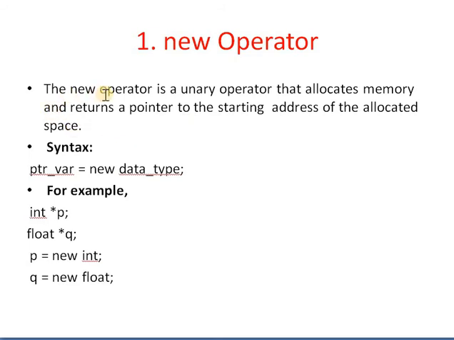Means a new operator is used to create an object, while a delete operator is used to delete the object. When the object is created by using the new operator, the object will exist until we explicitly use the delete operator to delete it.